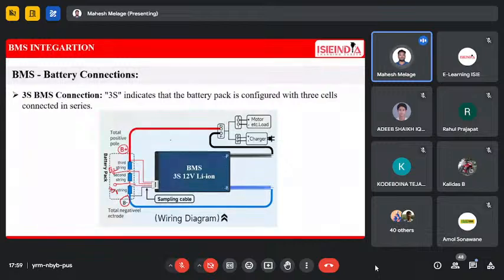You can see the battery positive terminal goes to the P positive, and the P negative is connected to the BMS negative. B denotes battery and P is connected to the supply. Okay, this is a 3S, meaning 3 in series, 12 volt.